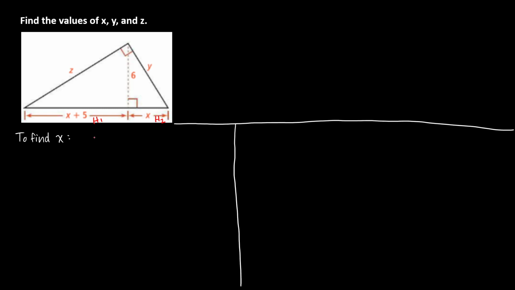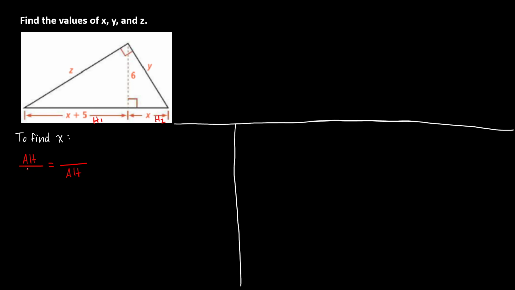So I know that with the first corollary, the altitude of a right triangle is the geometric mean of each portion of the hypotenuse of the right triangle. So the altitude is the geometric mean of both parts of the hypotenuse.